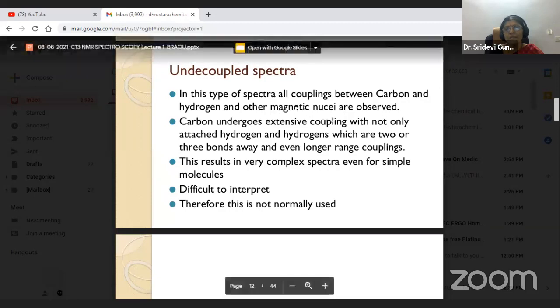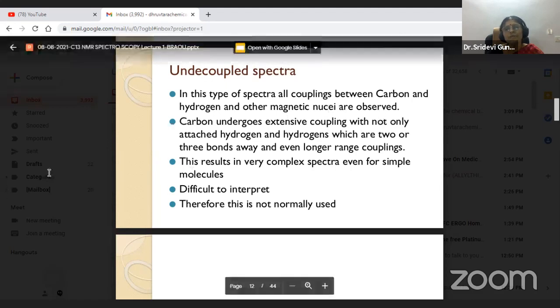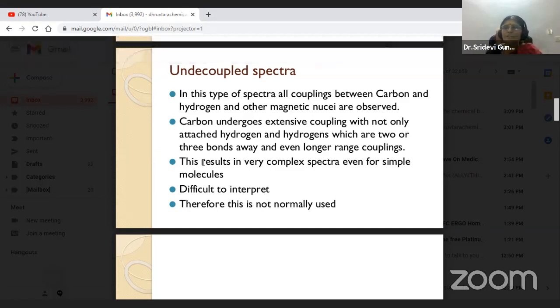What are the other magnetic nuclei? Other than hydrogen, fluorine may be present, phosphorus may be present, boron may be present, which are magnetic. They will also undergo coupling if we record undecoupled C13 NMR spectra. Carbon undergoes extensive coupling not only with attached hydrogens.